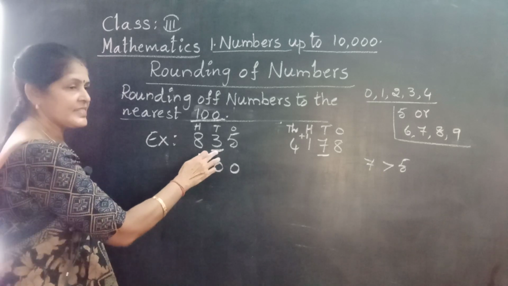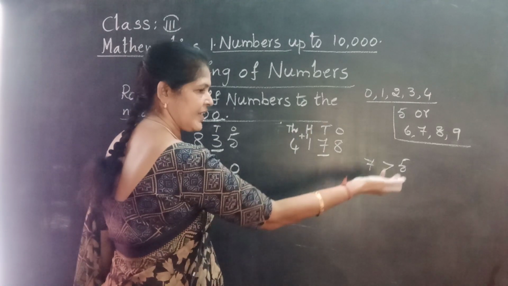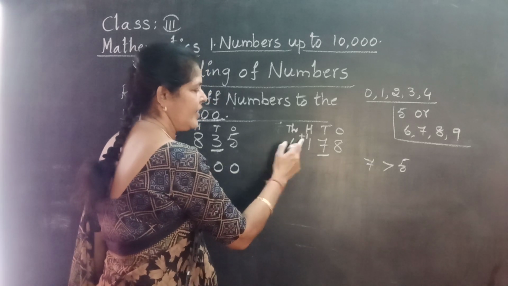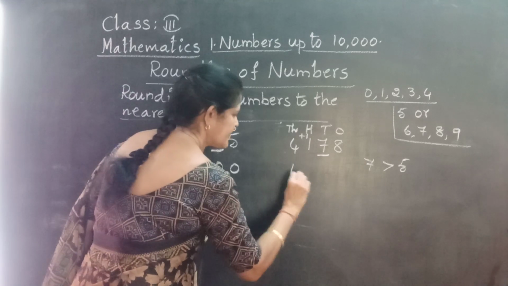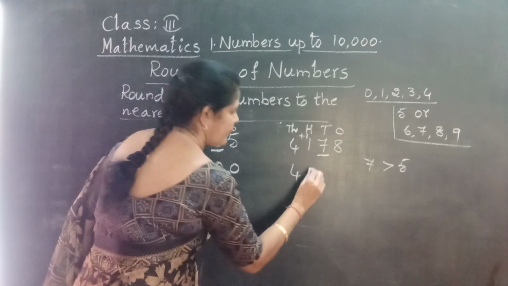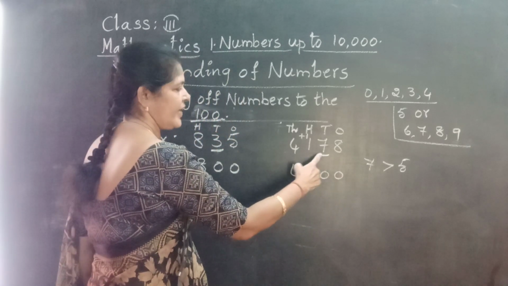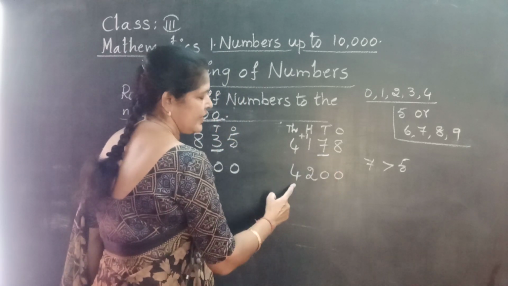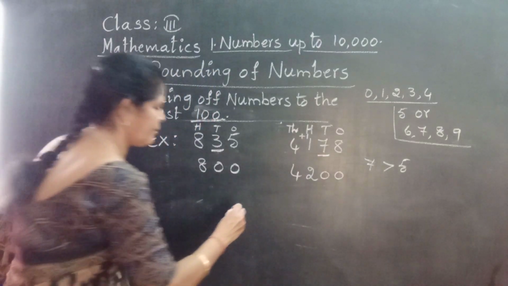If the number is less than 5, no need to add. Here 7 is greater than 5, that's why add, and put 2 zeros in the ones and tens. Write the thousands place as it is. 1 plus 1 is 2. Put zeros. 4,178 is nearest to 4,200.